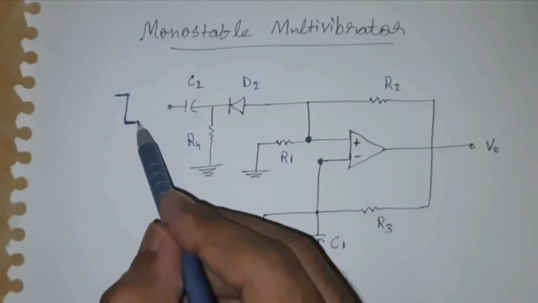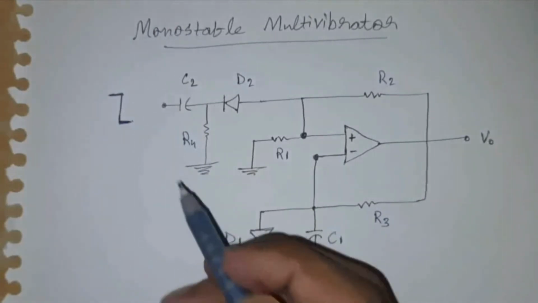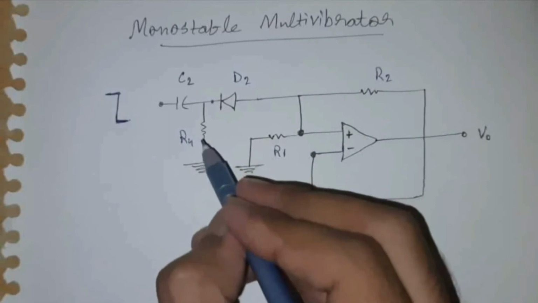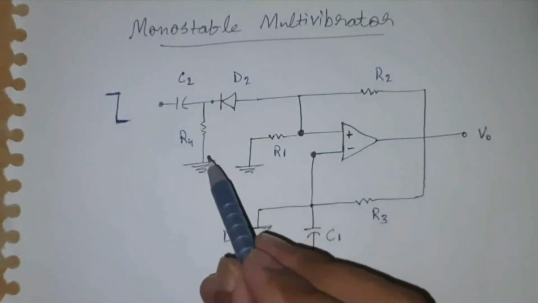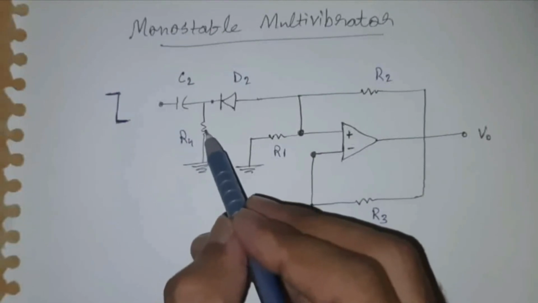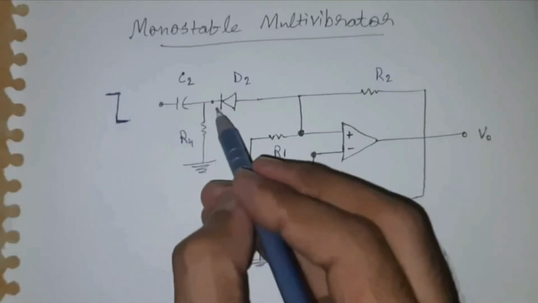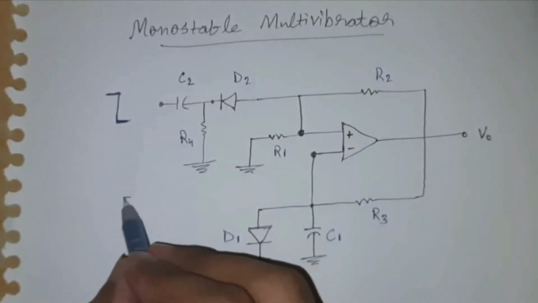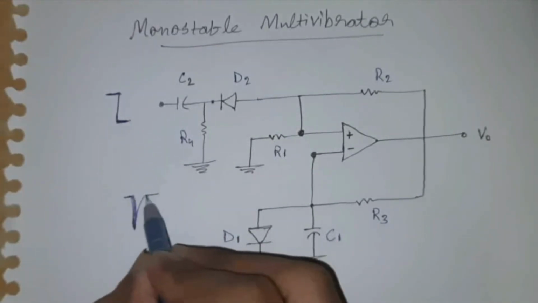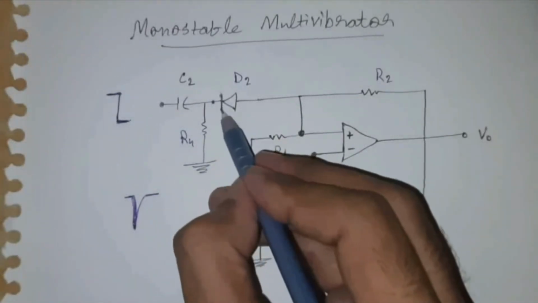So when we introduce this input signal at this node, then at this point, for this circuit diagram we are considering that the R4 resistor is of very high value. I will tell later on why we are considering this. So at this node we will be observing a sharp negative pulse like this, which will appear momentarily and turn on this diode.